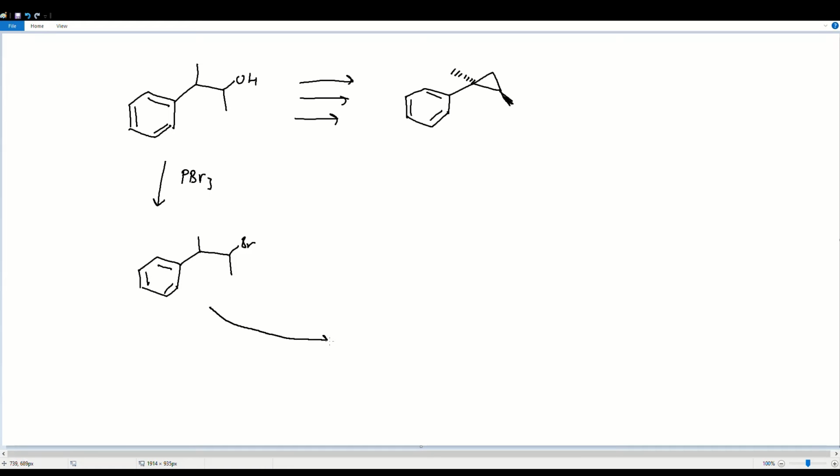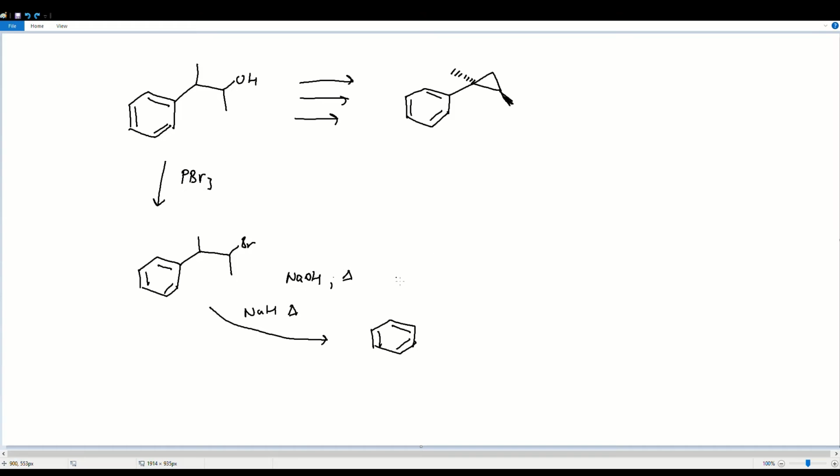I'm going to perform E2, so I'm going to add, let's add NaH, and then heat. Okay, and then heat just guarantees that I perform E2. If I were to add NaOH, the addition of heat is a little bit more relevant because it prevents me from doing an SN2 with my OH, and guaranteeing the mechanism E2.